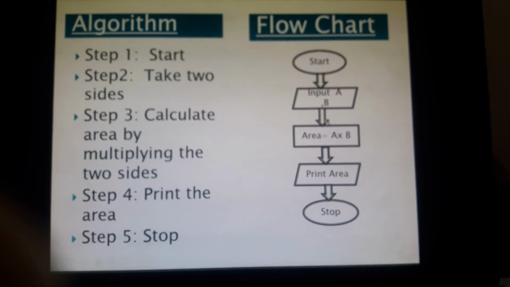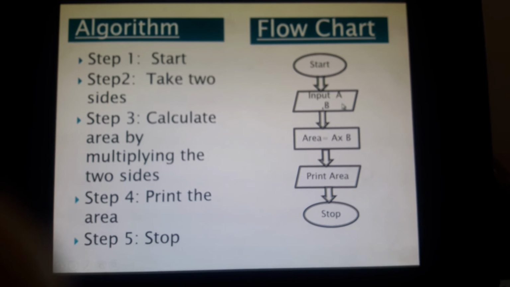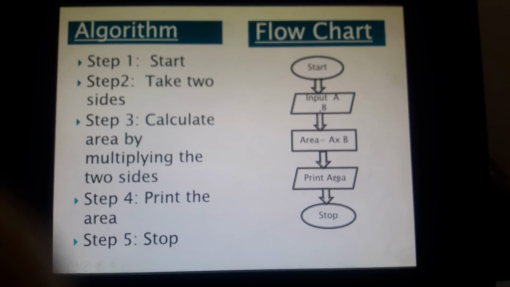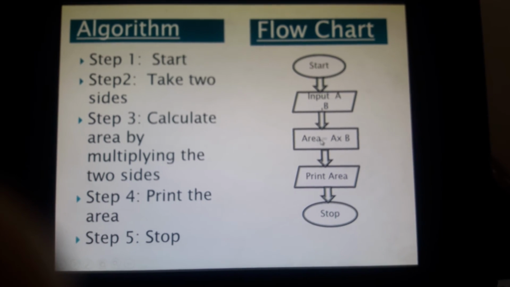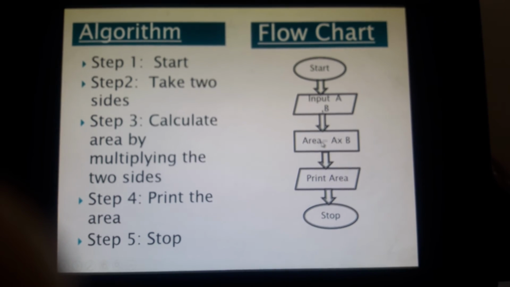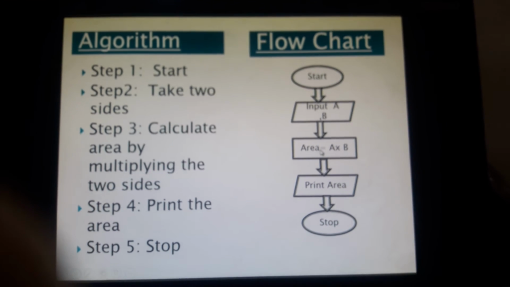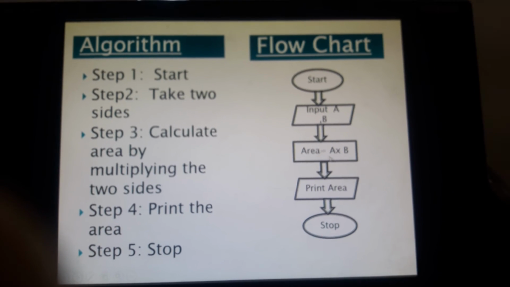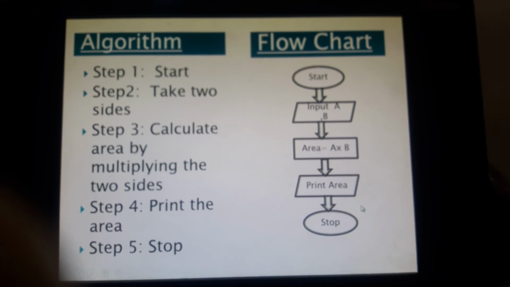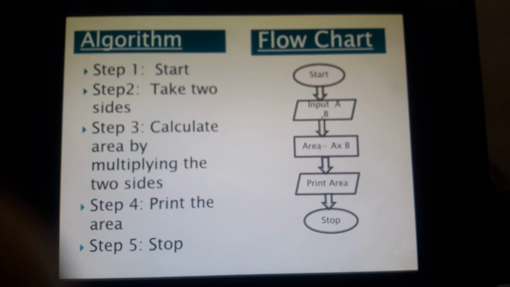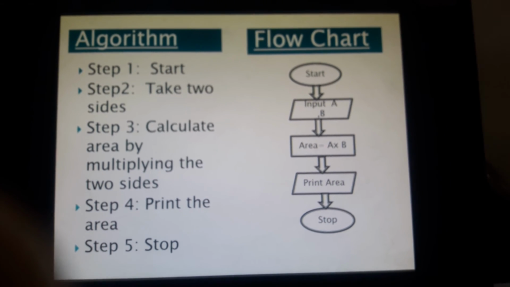So to start and stop we have used oval shape. To take input and to show output we have used parallelograms, and to show the processing we have used rectangle shape here. So children, this way you can convert algorithm into flowchart. In the book, a number of examples are given for addition, subtraction, multiplication, division.